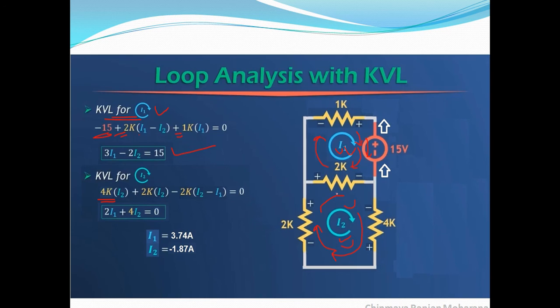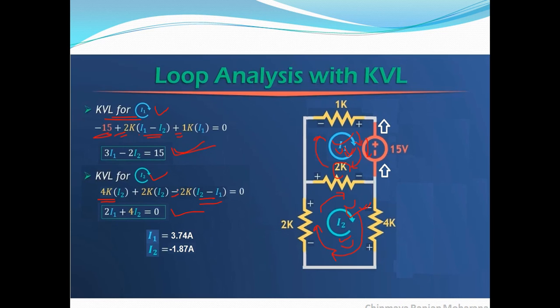Next, positive to negative means negative, 2k into I2 minus I1. In loop 1 it is I1 minus I2, but in loop 2 it is I2 minus I1, because we consider I2 as the maximum for our reference loop. Okay, so we can get another expression.